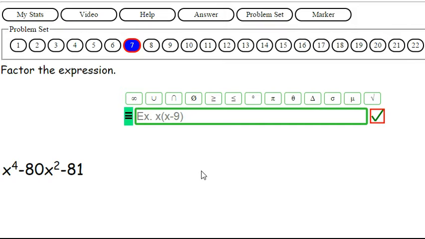7.1. So we have x to the fourth minus 80x squared minus 81. I think in the previous video we lost the audio part, and I just don't have time to go back and redo it. So I'm trying to get this algebra done in the month of March. It is time consuming like you don't even know.